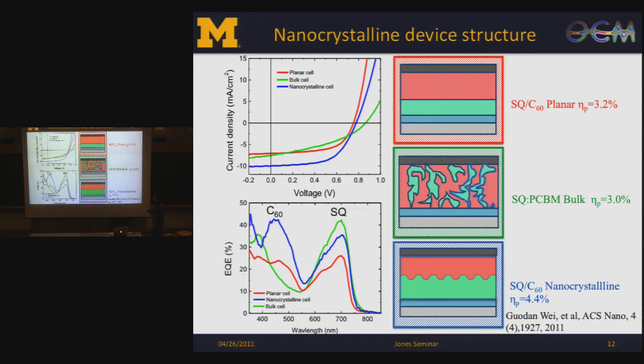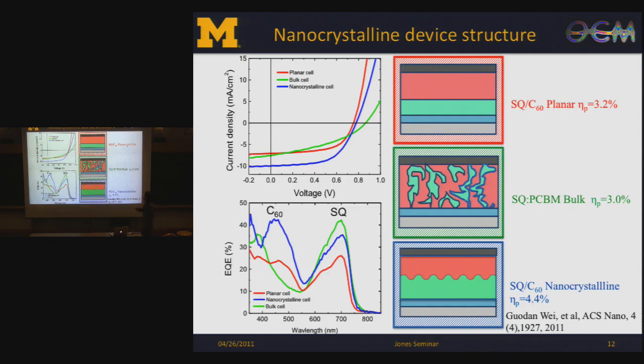The third device I made is the squaraine C60 nanocrystalline cell. As I said, we spin cast a thin film of squaraine donor material and apply thermal annealing. Then we use thermal evaporation to deposit the C60 on top of it. We create a squaraine nanocrystalline structure.